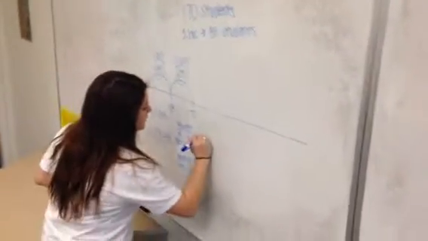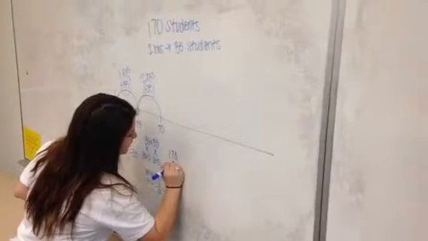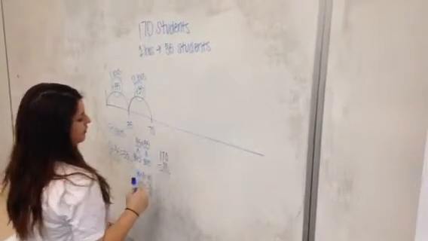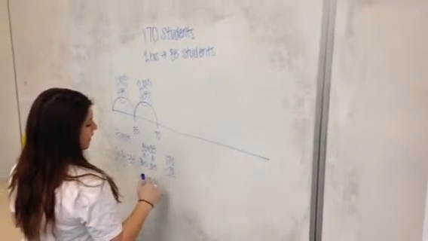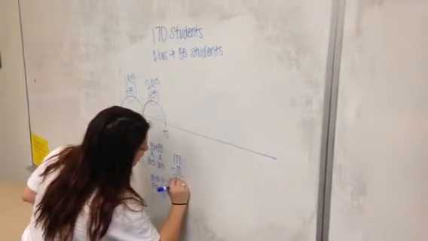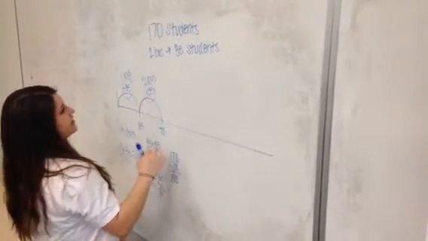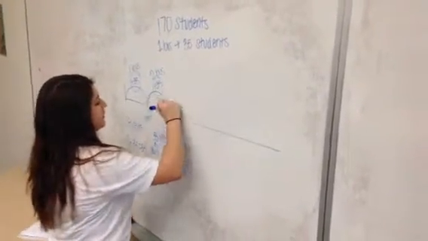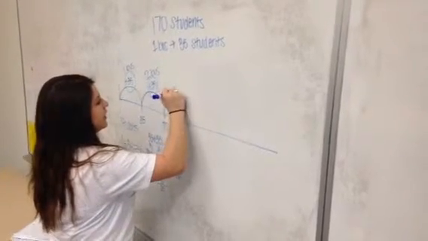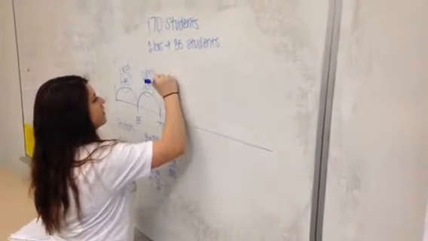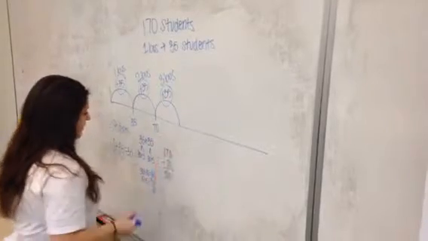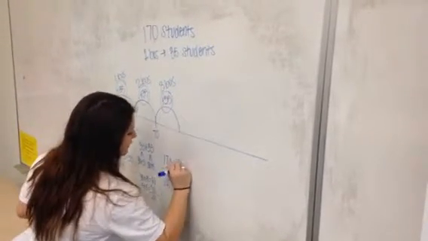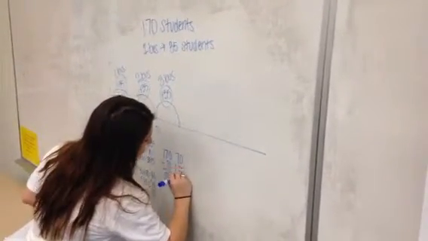And so again, I'm going to take away 70 from 170. And we see that we have 100 students left that we need to fit on buses. So I'm going to keep adding 35. So again, add 35, and this is our third bus. And so I'm going to add 70 plus 35.